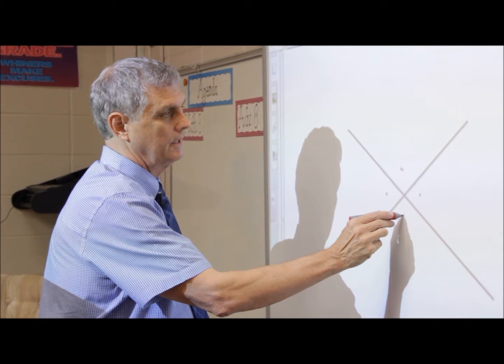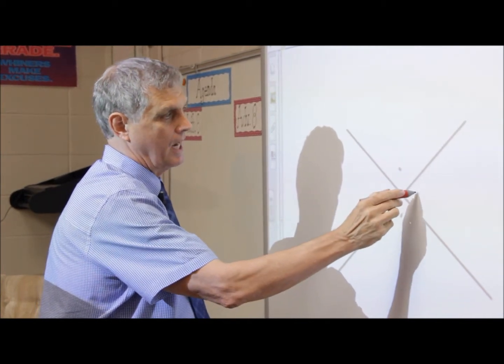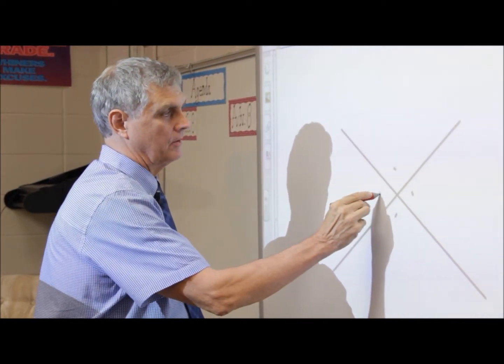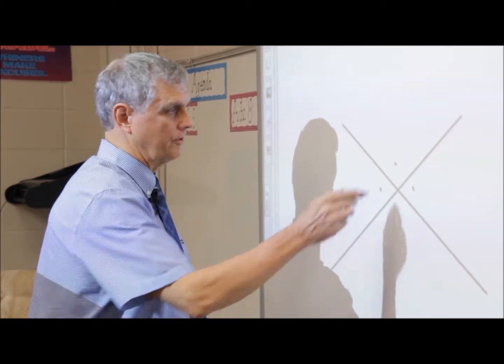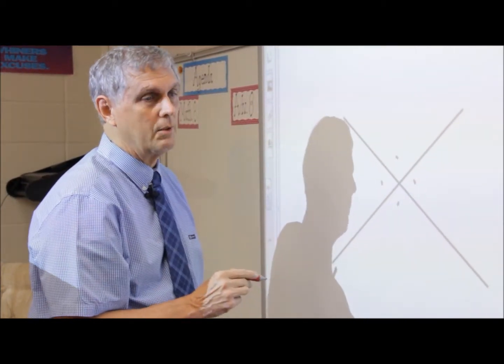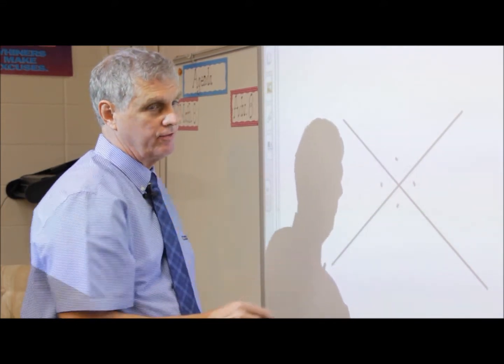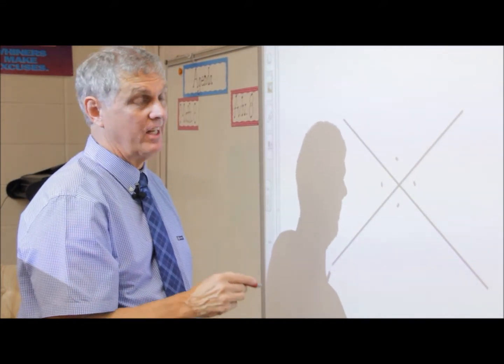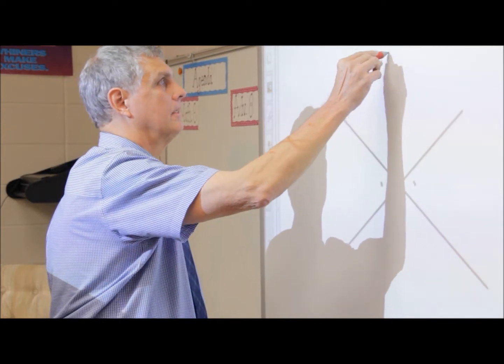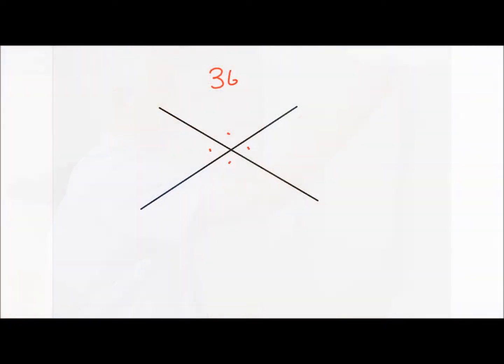And this angle and this angle, opposite, they are equal. This angle will equal this angle because they're opposite, and this angle will equal this angle. Now, because they're called opposite angles doesn't mean all 4 of them are equal to each other. In fact, when you add up all 4 of them, they have to equal, again, 360 degrees.